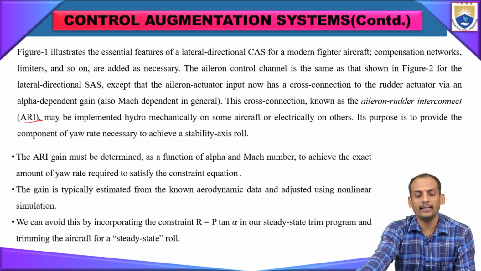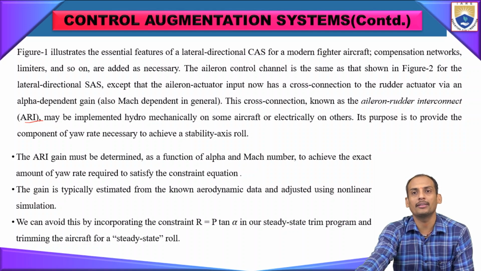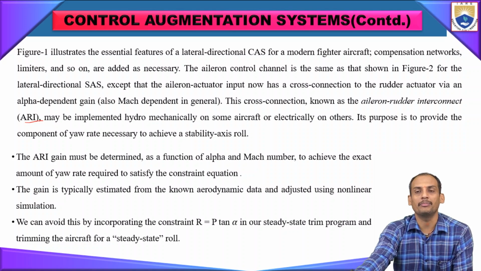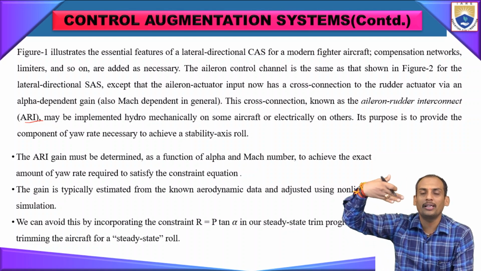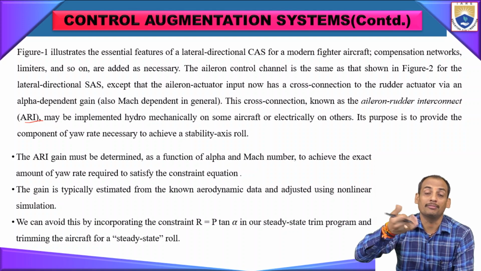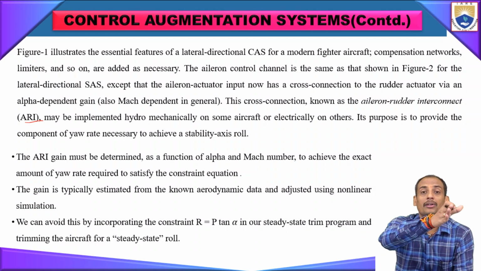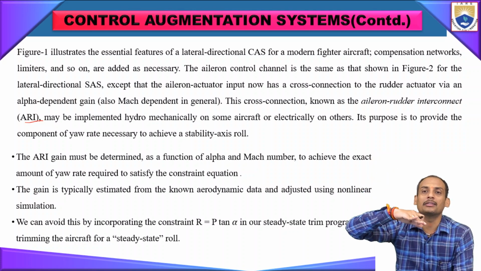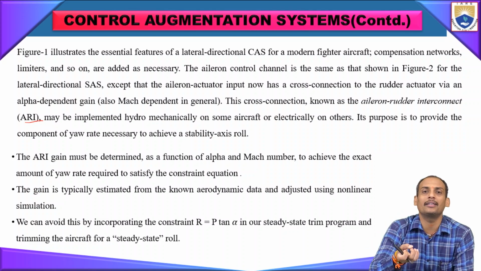The gain is typically estimated from known aerodynamic data and then adjusted using nonlinear simulation, because when we are operating at a higher pitching moment, we may not get the higher roll rate, and higher pressure values are attained by the vertical stabilizer.